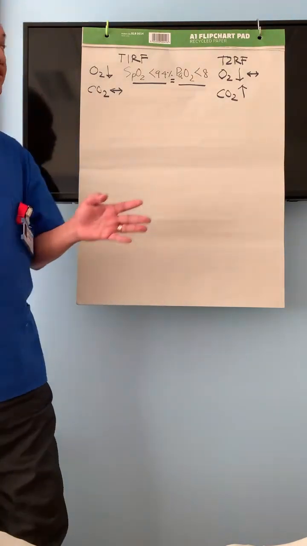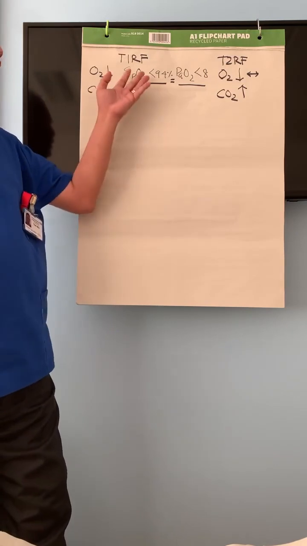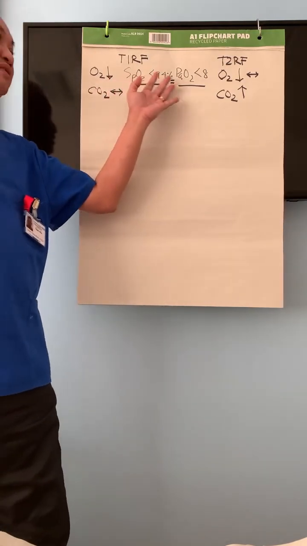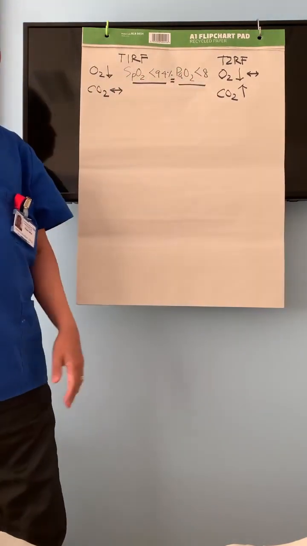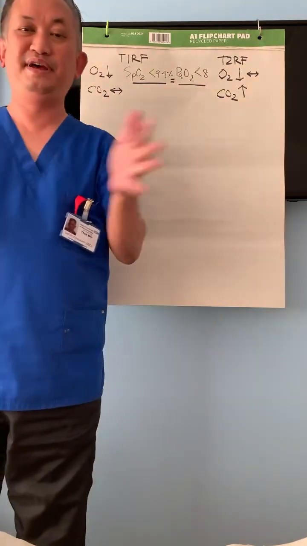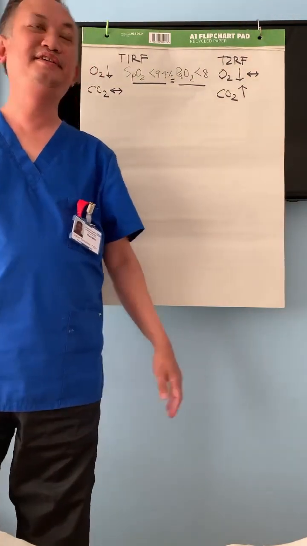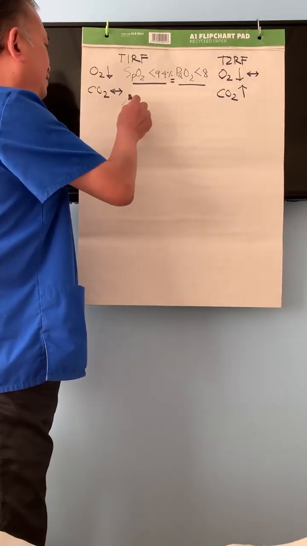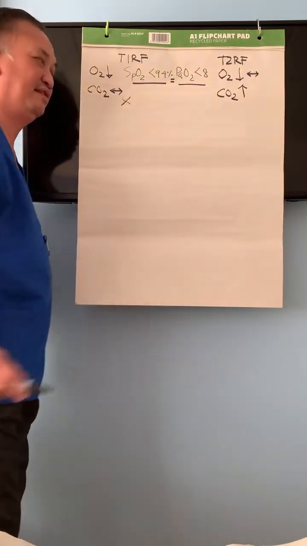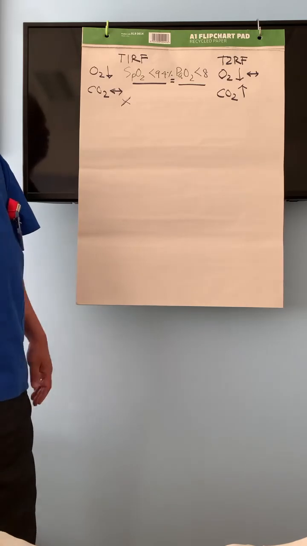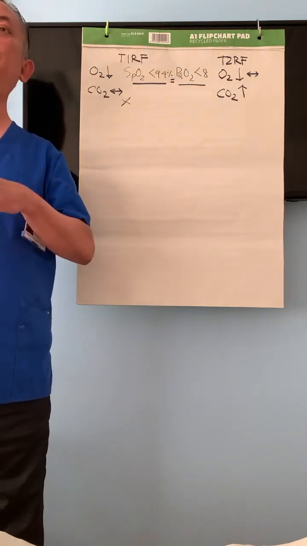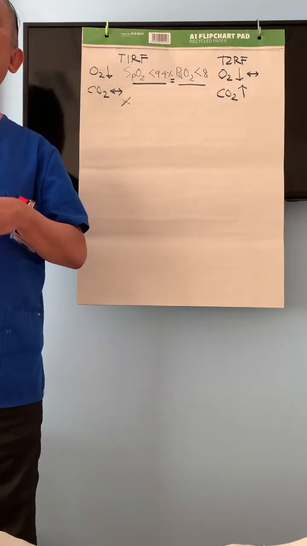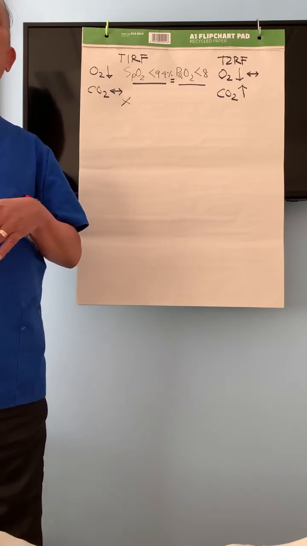But as long as you can manage to get an SpO2 measurement, we are sure that PaO2 has a very linear relationship with SpO2. But we know that is not true for carbon dioxide. We will never know the carbon dioxide by looking at the SpO2.